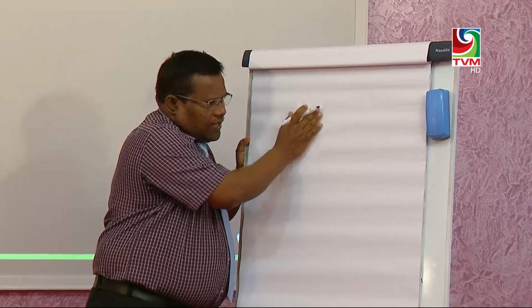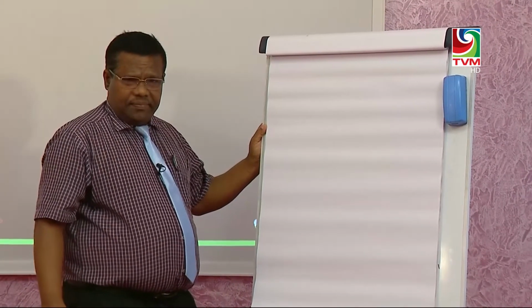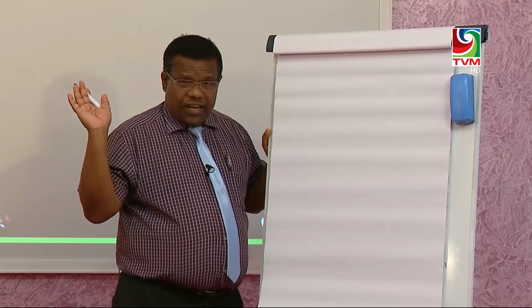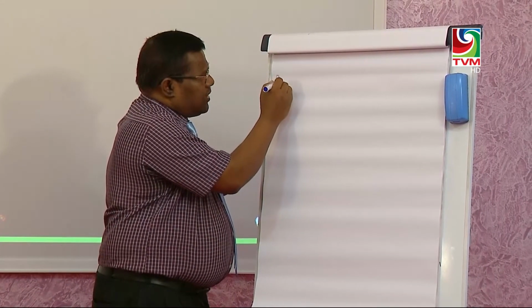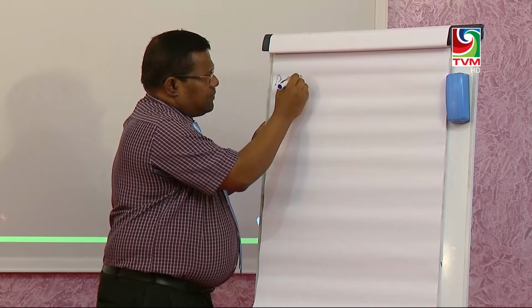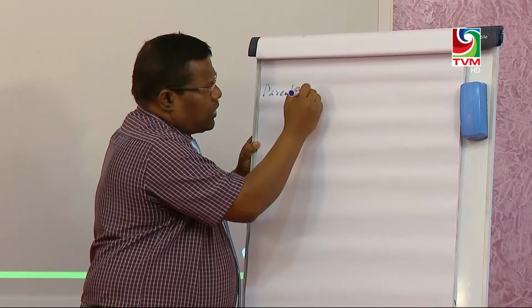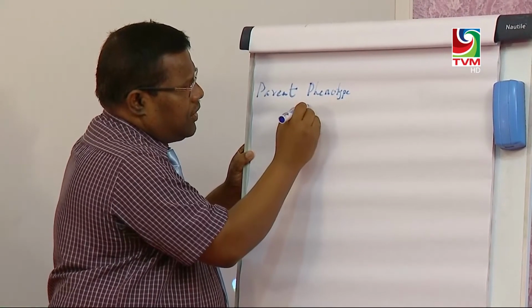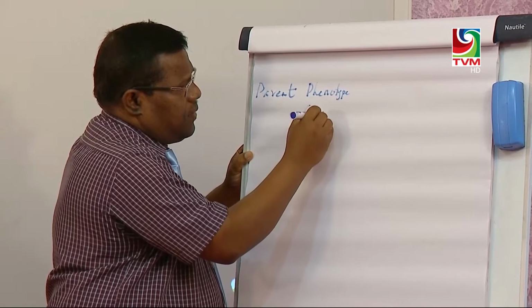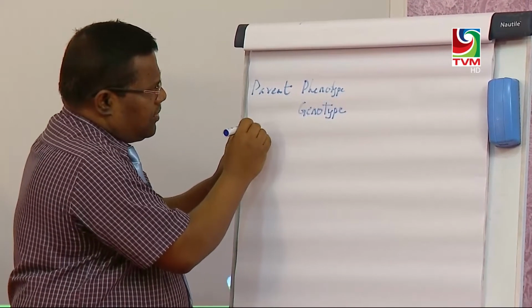So we will see how to write a genetic diagram. We have already learned the format. I am going to write the format again here, starting with the parent, then the phenotype, then below that the genotype, then here the gametes.